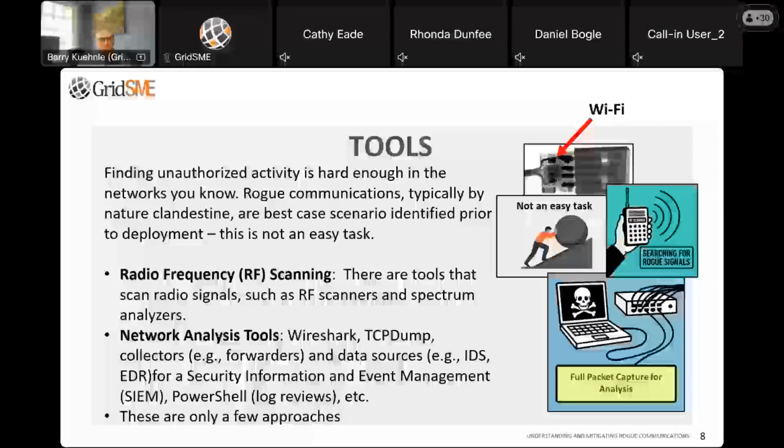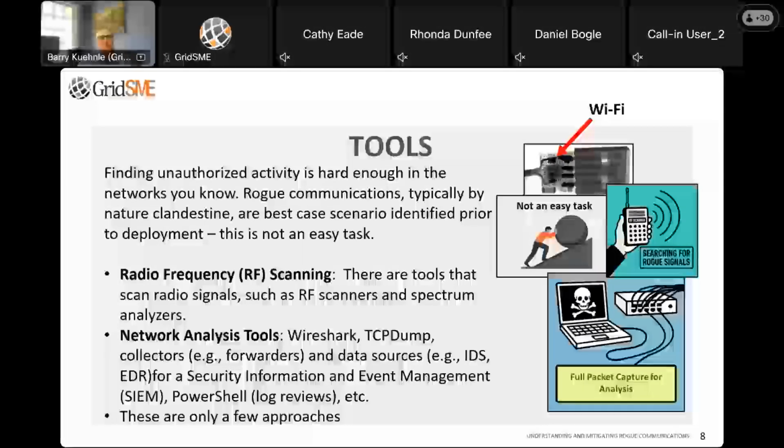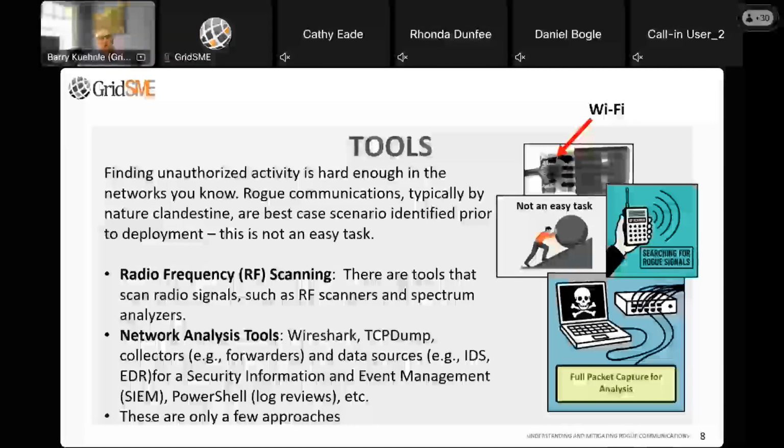I just know that they exist, and I know that some of my good friends that I've worked with in the past are very familiar with these tools and very good at understanding how they can detect radio waves. I'm not one of those people, but I know people who are, and we can put you in touch with them if you need to. And folks even here at GridSME and GridSec, and specifically GridSec, have that ability.